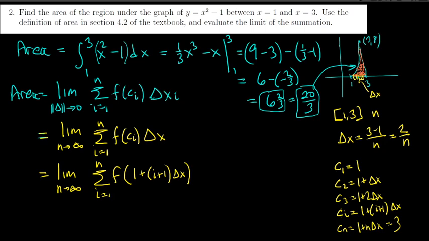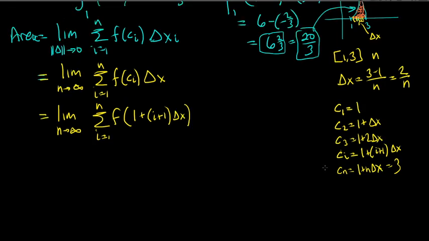So I think I'm using the right-hand endpoints. So this would end up being an underestimate, but that's okay. After the limit, it's not going to matter. Oh, times delta x, I'm sorry. The delta x should go on the outside here.